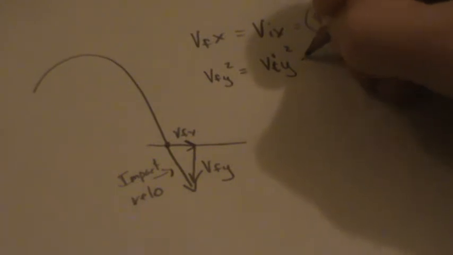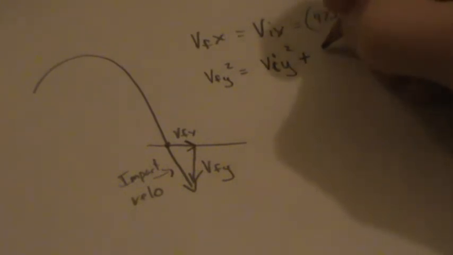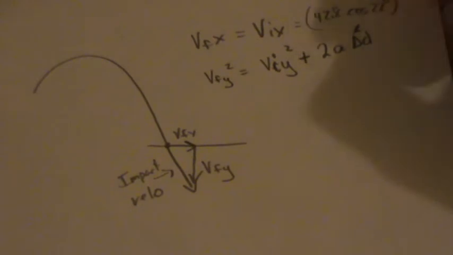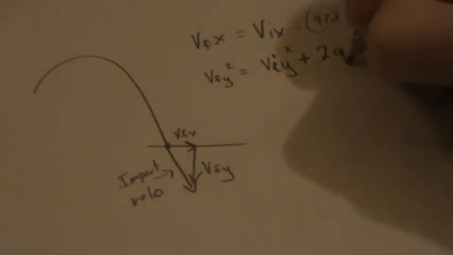Plus 2a delta d. Okay. Delta dy. And this is g.